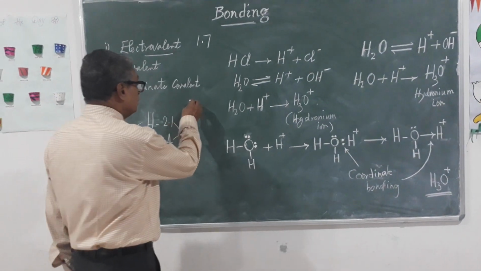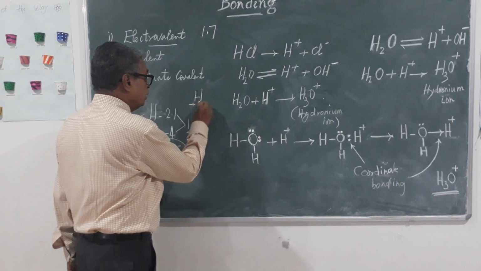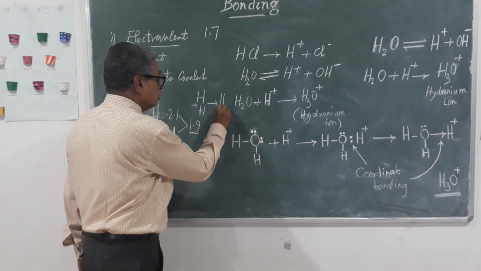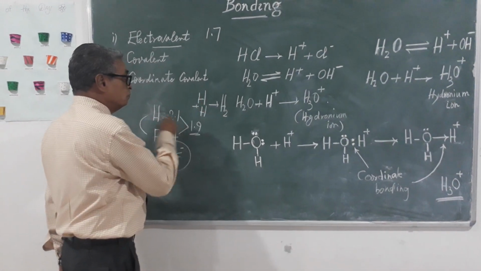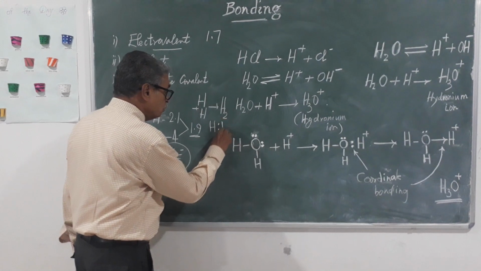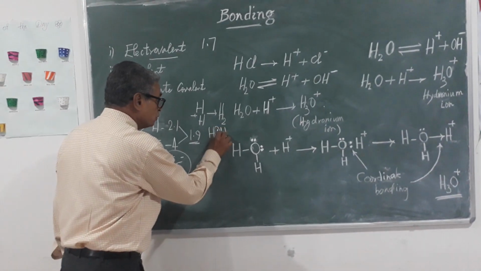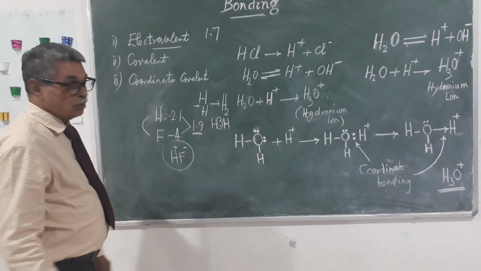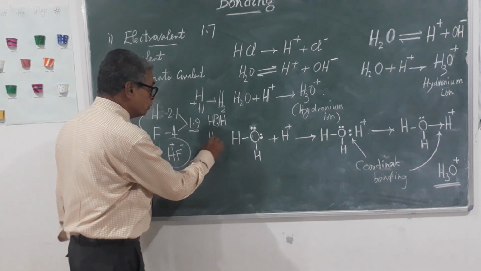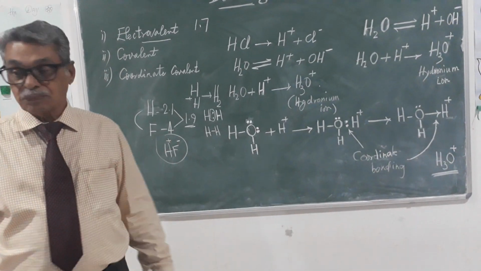Example, when hydrogen and hydrogen combine to form a molecule of hydrogen, it is usually shown as H-H, molecule of hydrogen. This bonding is covalent bonding. We only show a line between the H's. This is covalent bonding.